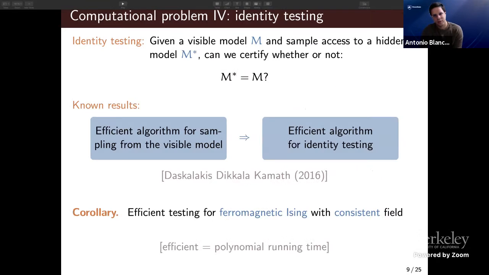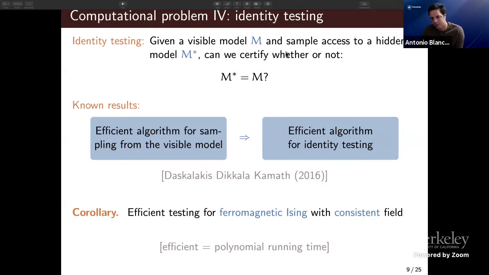Okay, so finally we get to identity testing. This is a slightly different problem, and this is going to be truly our focus. Here I'm going to define it slightly informally, and I'll be more formal in a couple of slides. We have the specification of a model M, and by specification I mean that we have all the edge weights, vertex weights, the graph, everything.